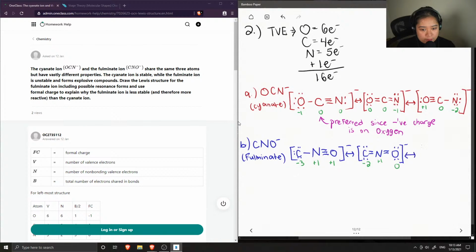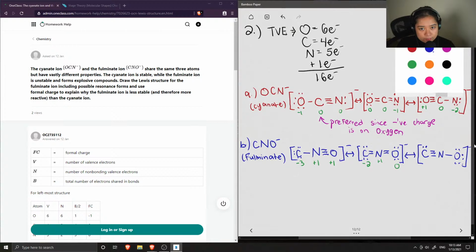And then lastly, we could have a triple bond in between carbon and nitrogen, and just a single bond to the oxygen. And this time our carbon has a -1 charge, nitrogen is +1, and our oxygen is -1.